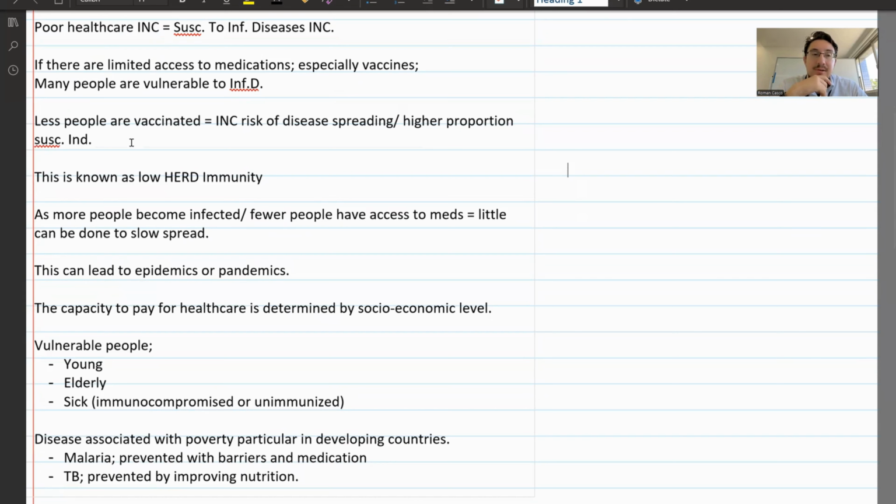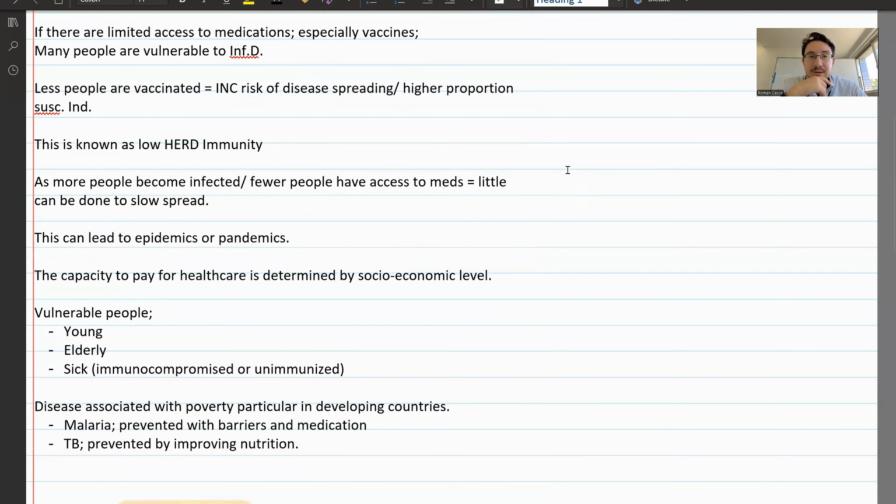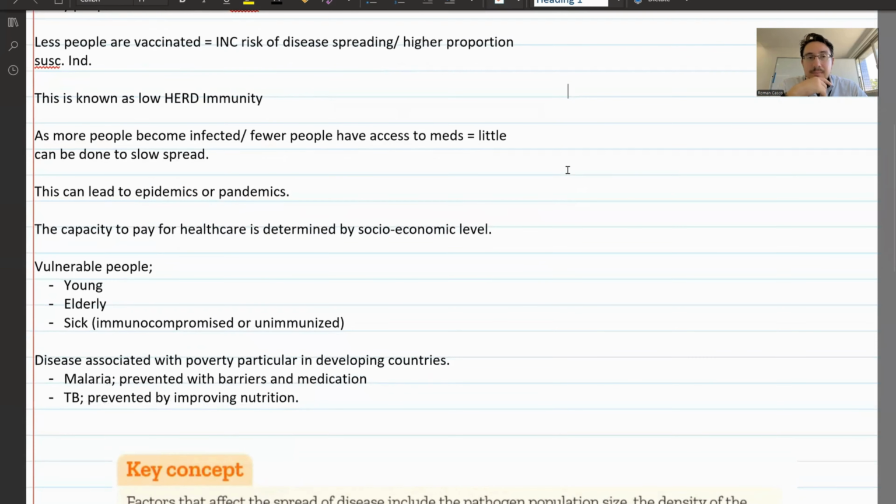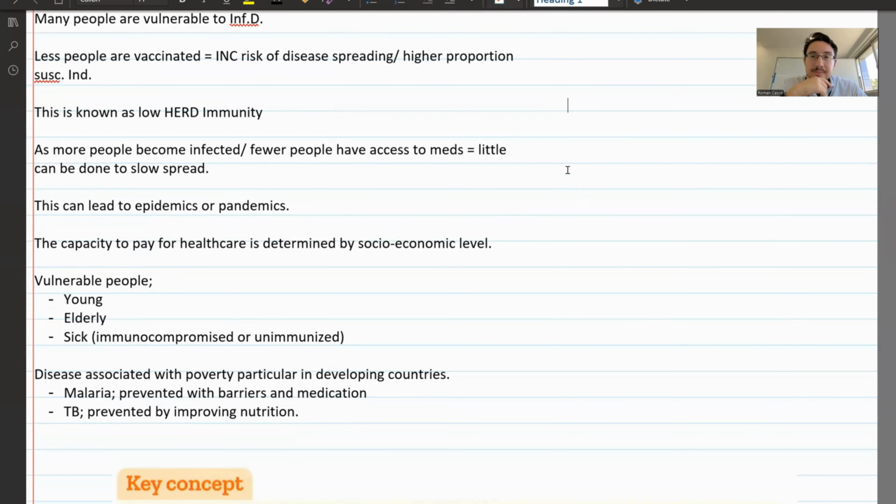And if fewer people are vaccinated, that increases the risk of spreading, because there's a higher proportion of susceptible individuals. Vaccination induces herd immunity, which we're going to take a look at. So if you're not vaccinated, there's going to be low herd immunity in the area or the country.